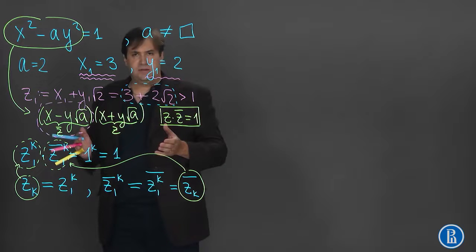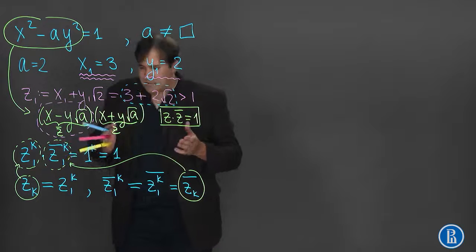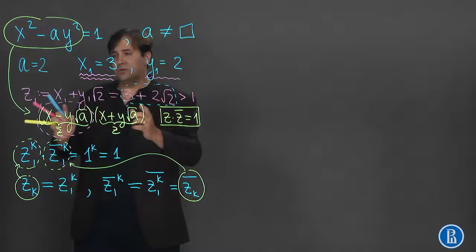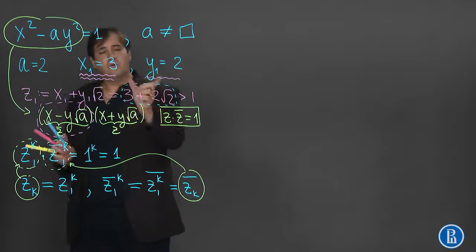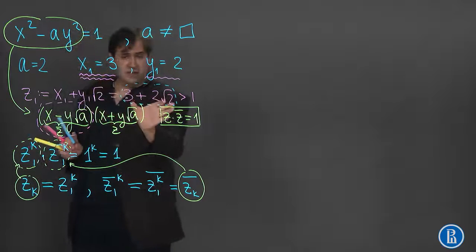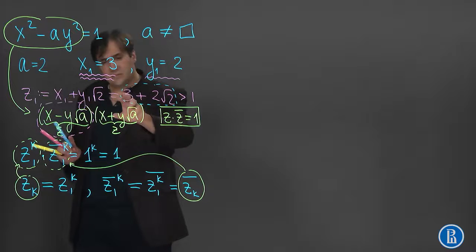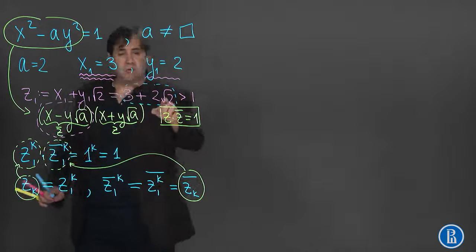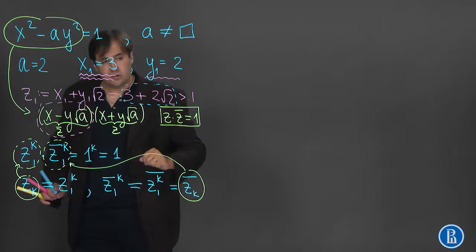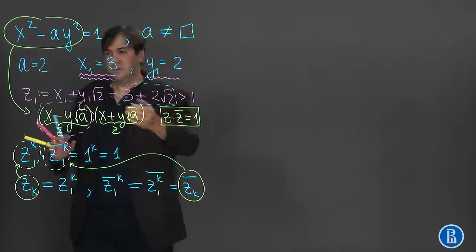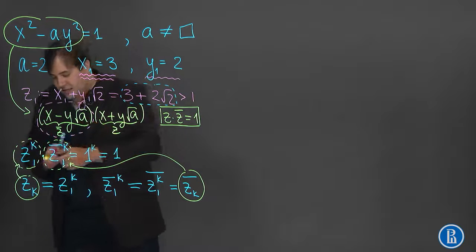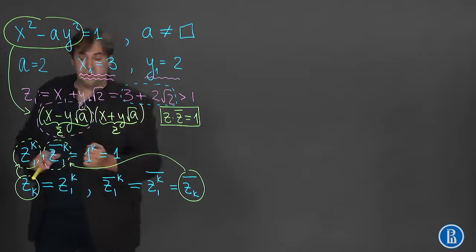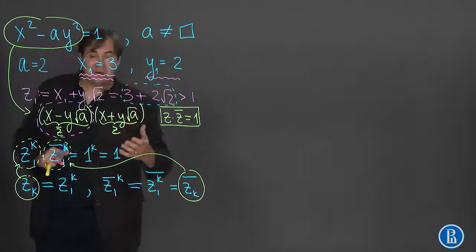So why are we doing this? Well, the main point is that if we take an arbitrary solution presented in the form of a quadratic irrationality, like over here, some integer plus some integer multiplied by the square root of a, where 2 over here is our value of a, then by raising it to a power, we can get infinitely many solutions.